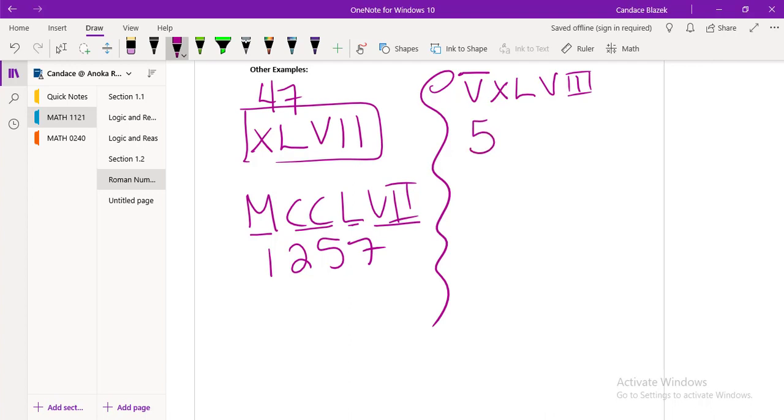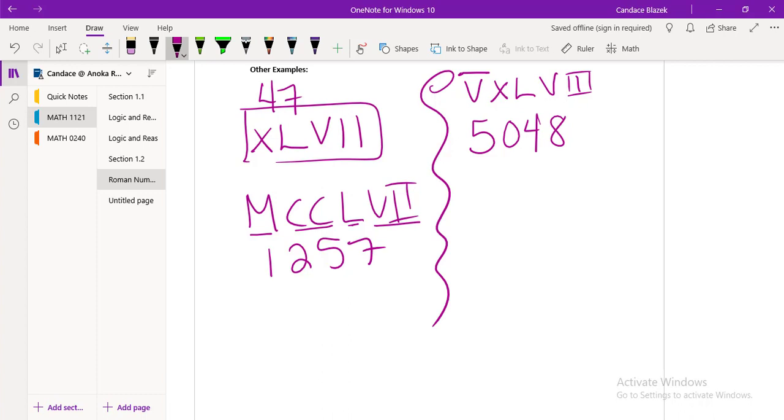We have X and an L. Now the L is 50, but the X is 10. So X before L gives us 40. So 5,000, 40, and then VIII is 8. So that's 5,048.